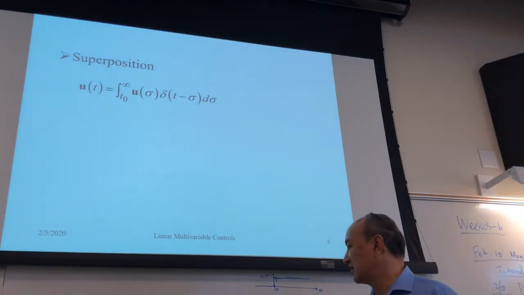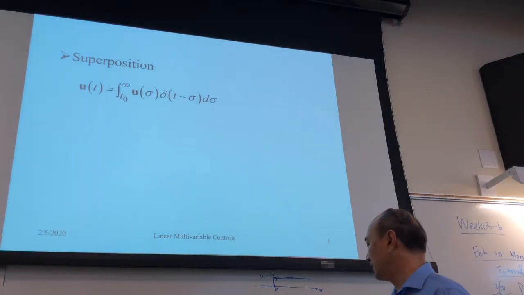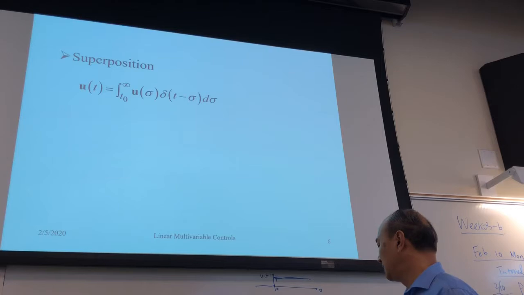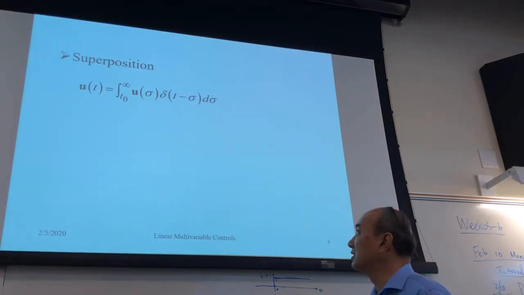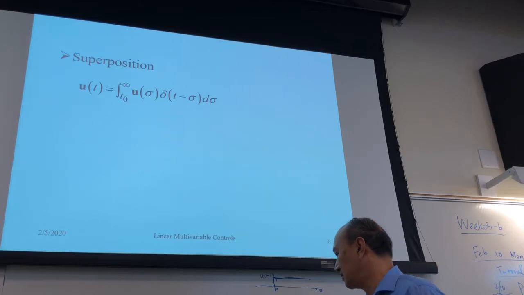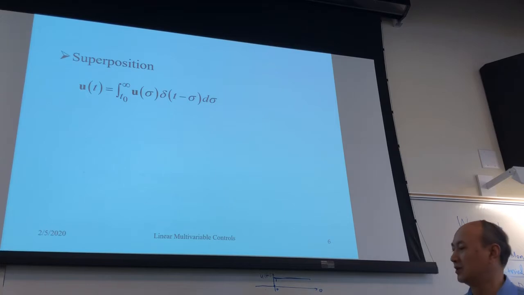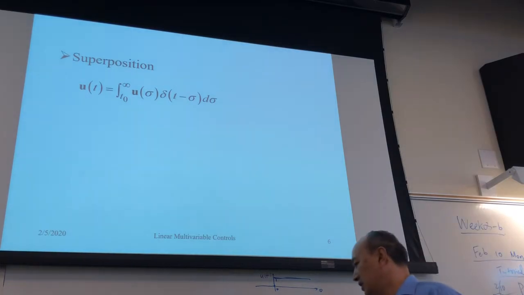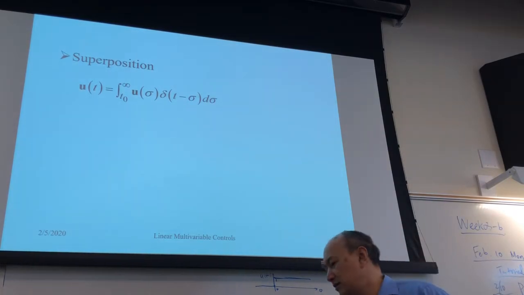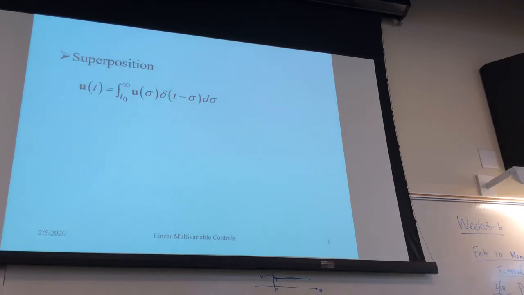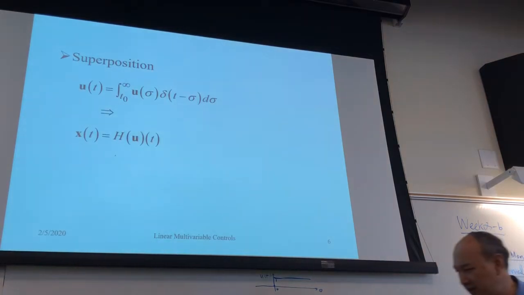This is exactly like writing the integral of u(sigma) delta(t minus sigma) d sigma, from t0 to infinity, which gives u(t). So we express the u in such a way, using the delta as a carrier.